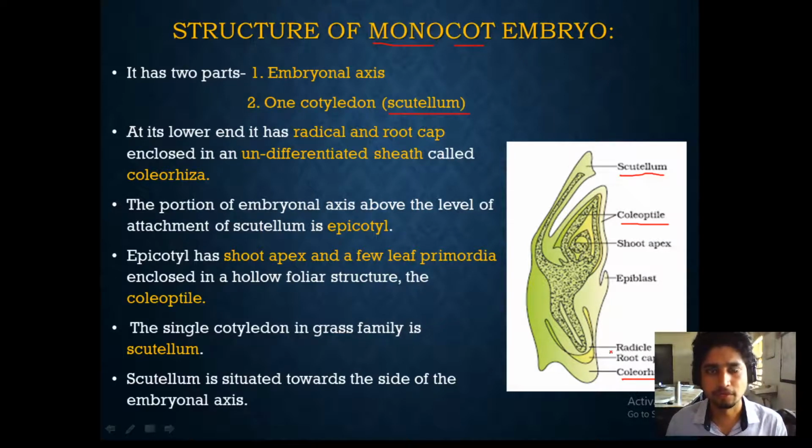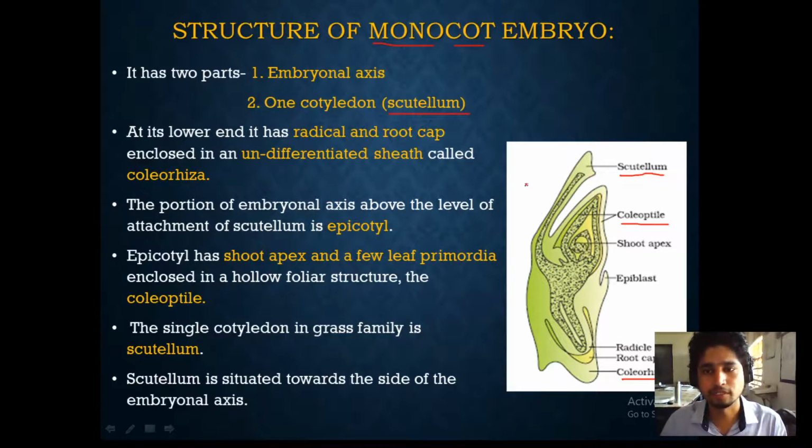Examples of the monocot embryo are rice and maize. These are all monocots, or grasses, and they have this kind of embryo. We know the embryo develops from the zygote.